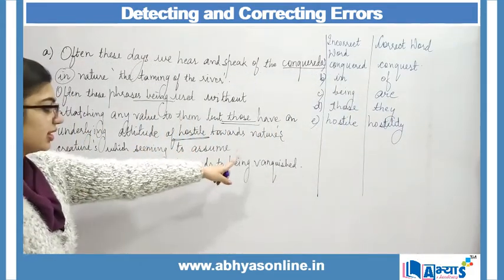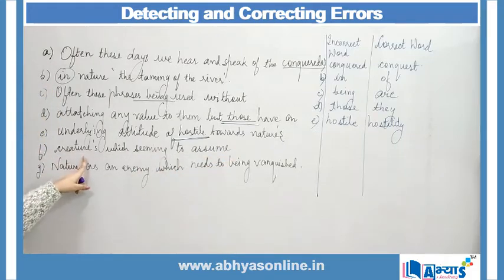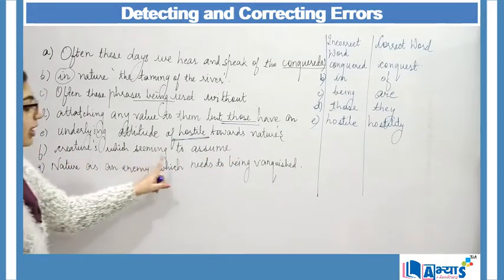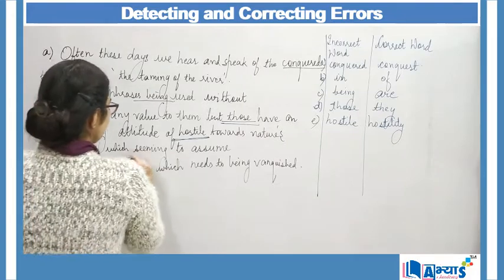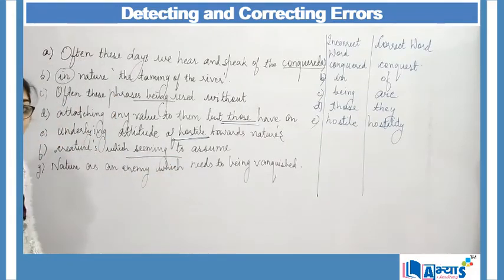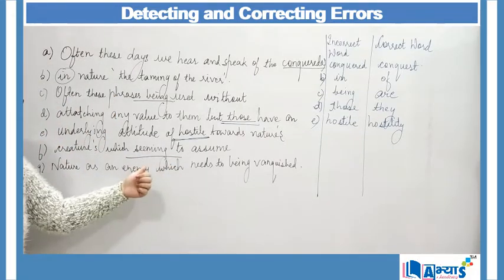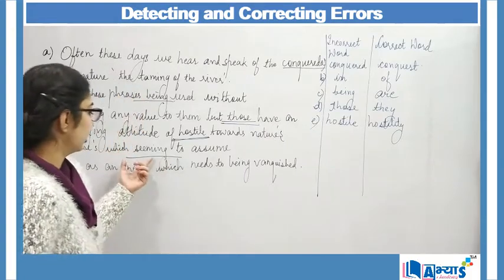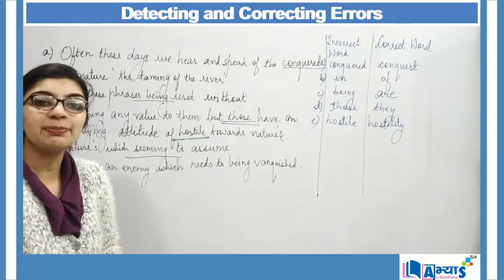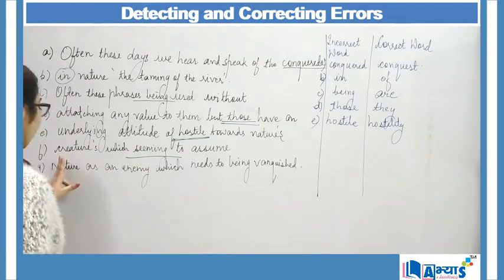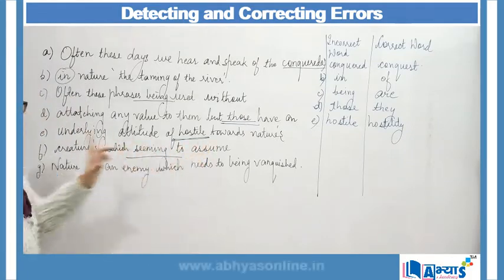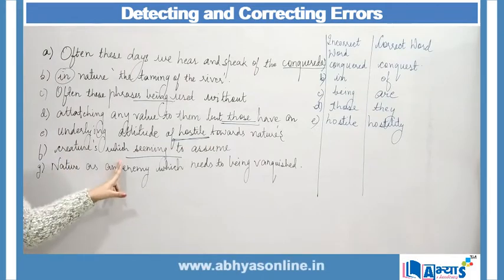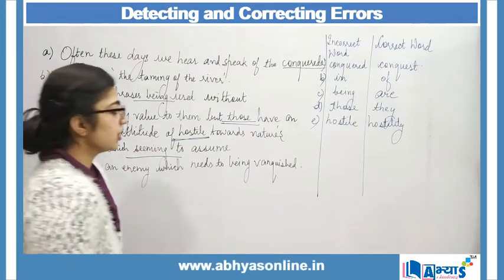Attitude of hostility towards nature's creatures, which seeming to assume. Now the word seeming is wrongly placed over here. Why? Because here I will be making use of a verb, and the verb instead of seeming will be simply seems. The hostility towards nature's creatures seems to assume.